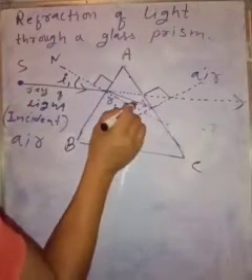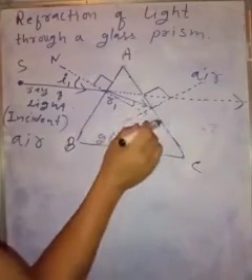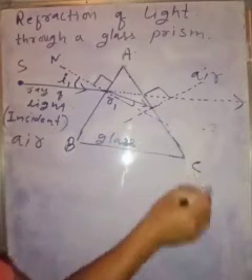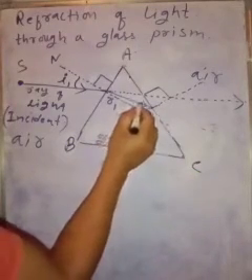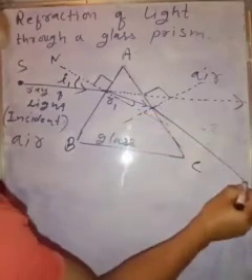Now if light goes from the denser medium towards the rare medium, it will go slightly away from the normal. Actually this direction was here, but it will go a little bit downward.